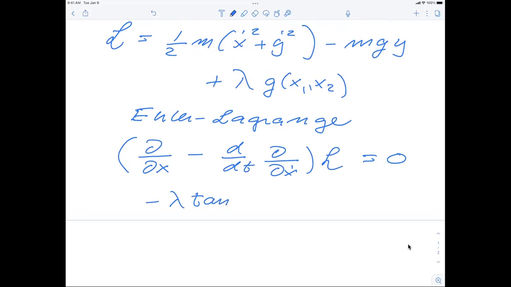I'm taking the derivative of this function g, which contains x. Sorry, I did something wrong here. I'm using x and y. Sorry for that, x and y. So this g is a function of x and y. So what I'm getting then is that this becomes minus m times x second derivative, and this is equal to 0.